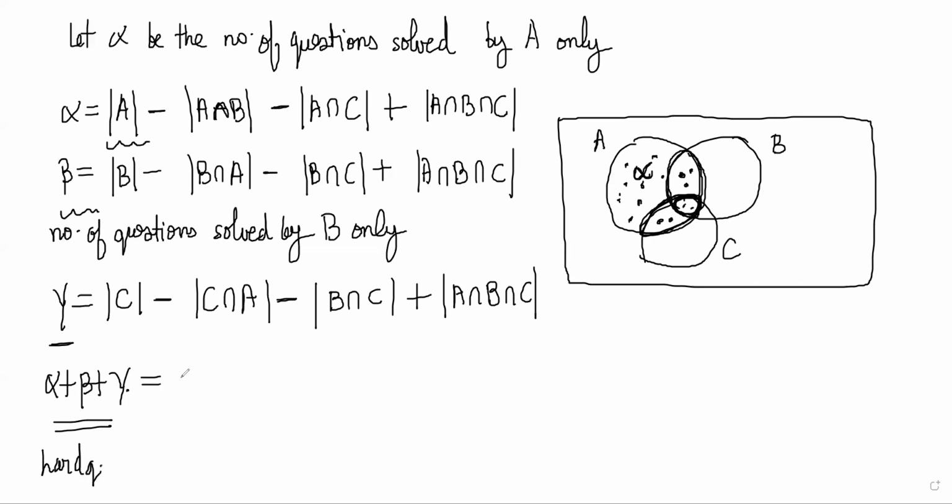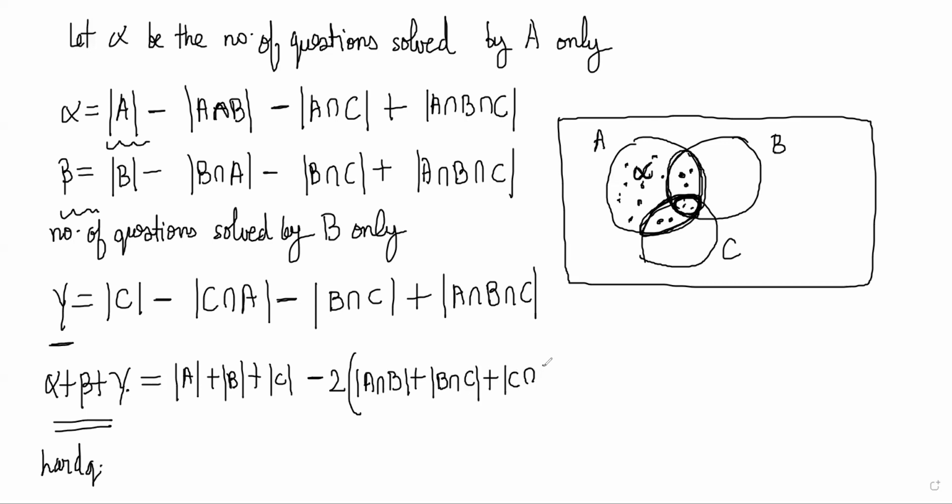And that comes out to be mod of A plus mod of B plus mod of C minus 2 times mod of A intersection B plus B intersection C plus C intersection A, and actually there is a plus 3 times A intersection B intersection C, right?